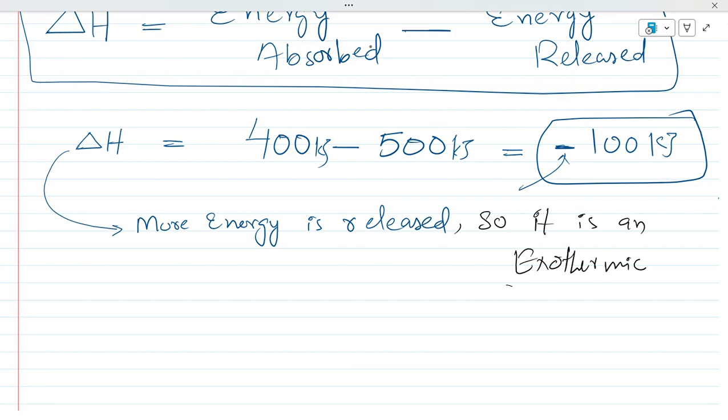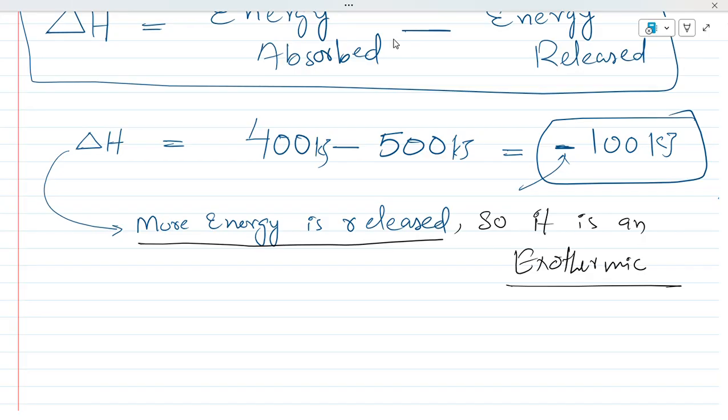Now when we define the exothermic reaction, we won't define it just as a release of energy. We will define it completely: the reaction in which more energy is released than absorbed is called an exothermic reaction.